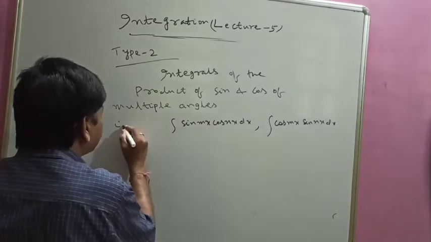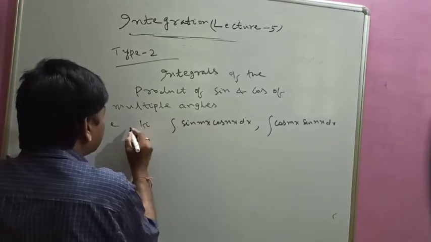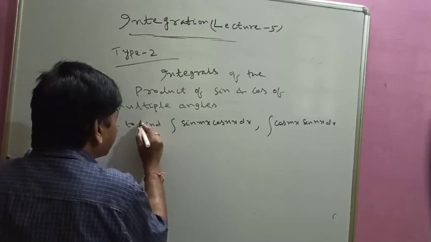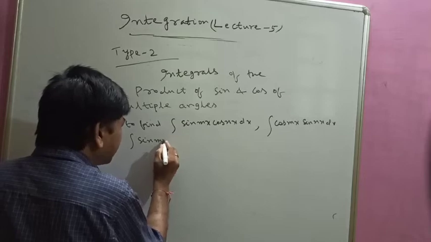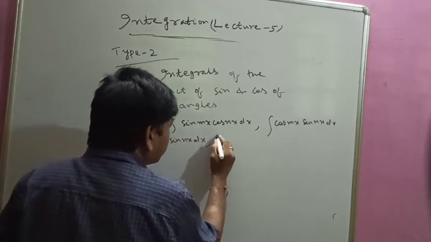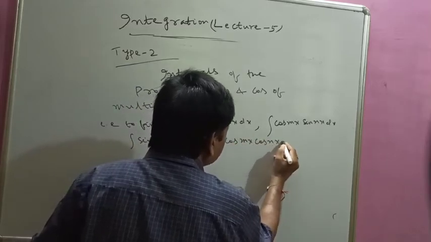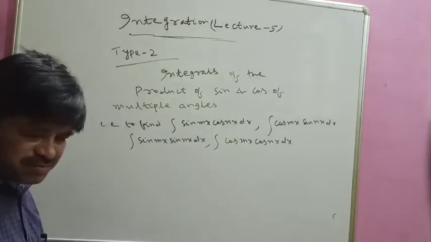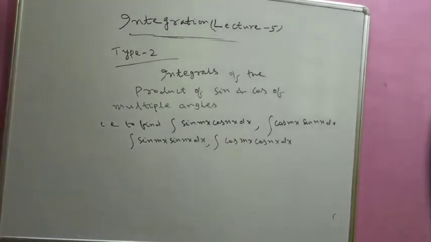Or both may be sine, integration of sin mx into sin nx. Both may be cos, integration of cos mx into cos nx. Okay. But for these types of questions, how to proceed? Let us discuss that.